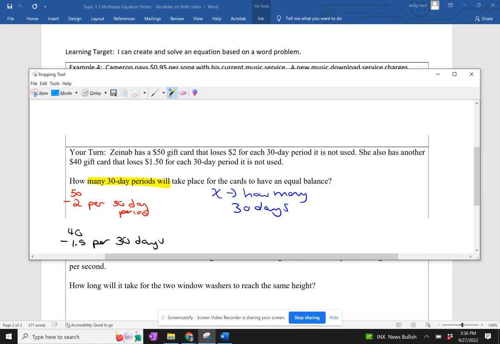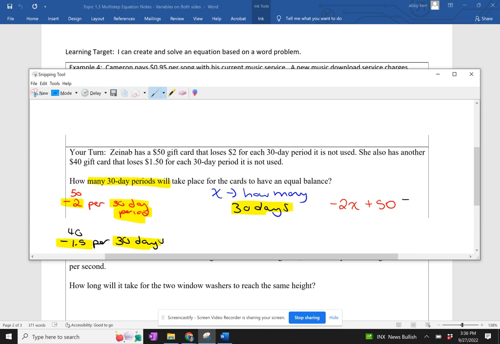Now once again, look at that. We have 30 days. We have this one and this one in our given. So we know that our x will be with -2 and it will also be with -1.5. So it's going to be -2x plus 50 because that's our total.